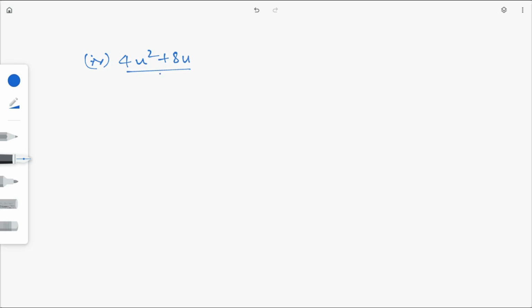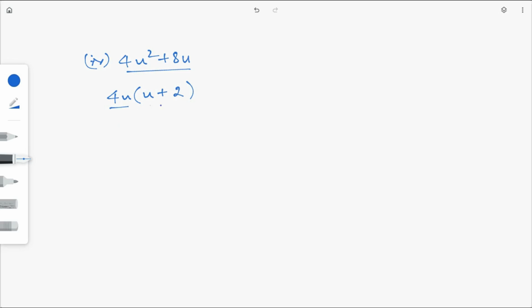So just take common from these two. 4u is common because 4 is common factor for these two terms. If you take 4u common, then you will be left with u plus 2, right?